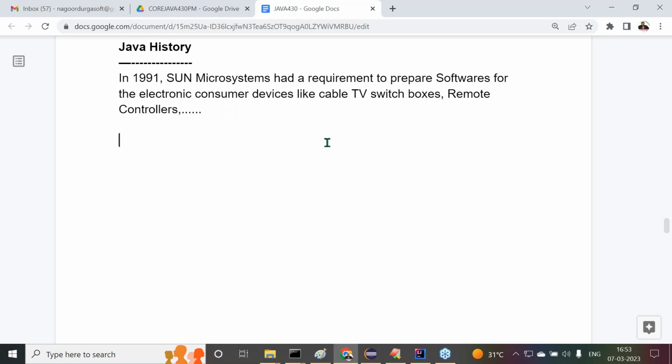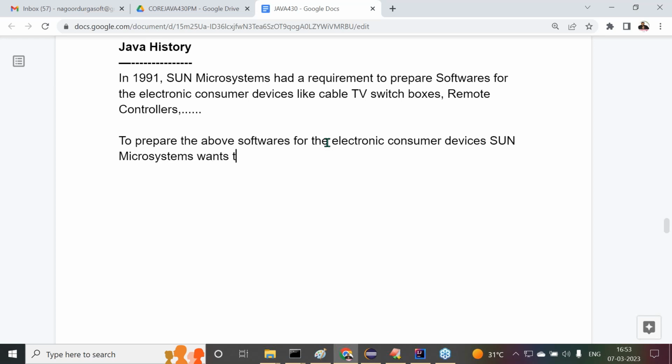To prepare the above software for the electronic consumer devices, Sun Microsystems wanted to prepare a new programming language.